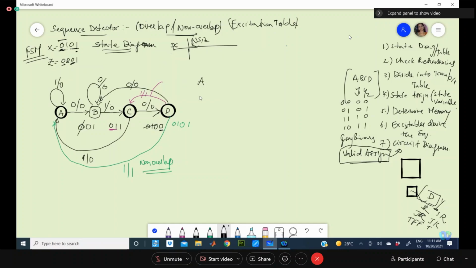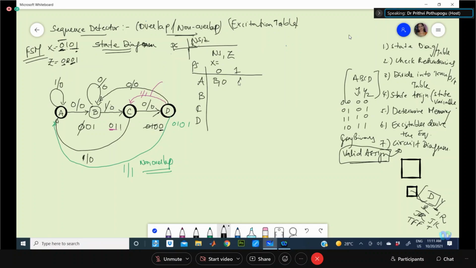Say this is your table A, B, C, D. You are getting, after you derive the values, x is 0 and x is 1. What is the next state you are getting out? Here state A, if it is 0, goes to B, generating 0.